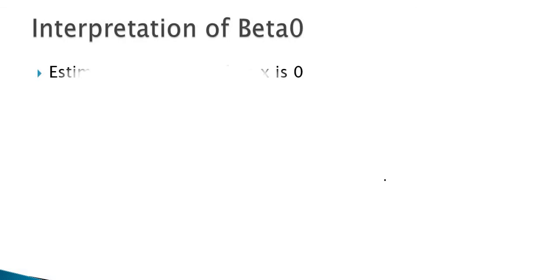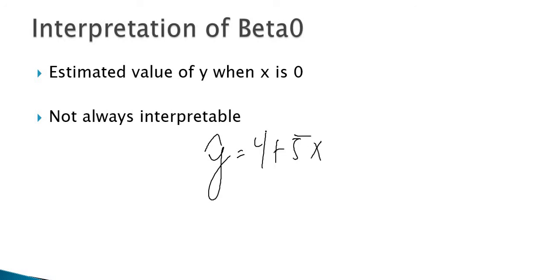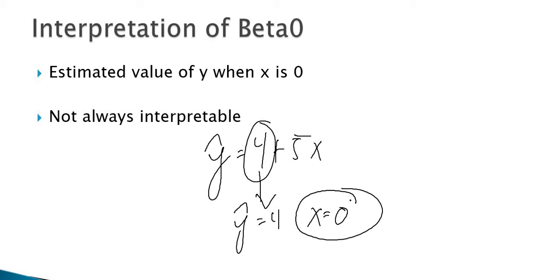Beta sub 0 is the estimated value of y when x is 0, although not always interpretable. Say for example again, we have y hat equals 4 plus 5x. This is the value of y hat if x is equal to 0, or if the independent variable does not exist.